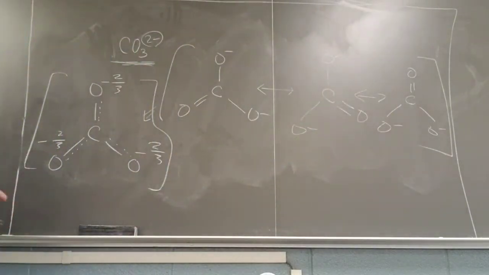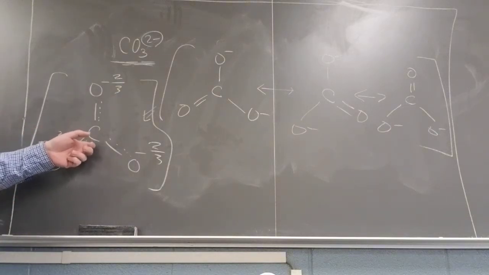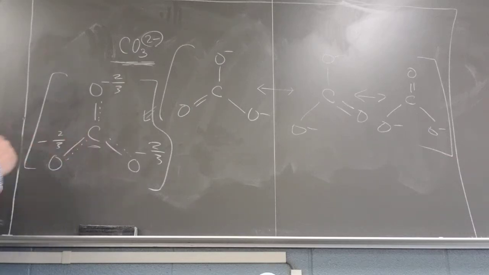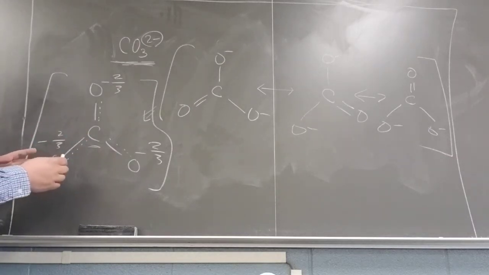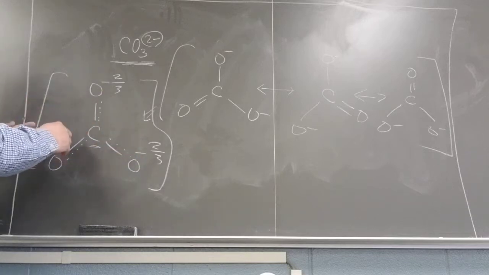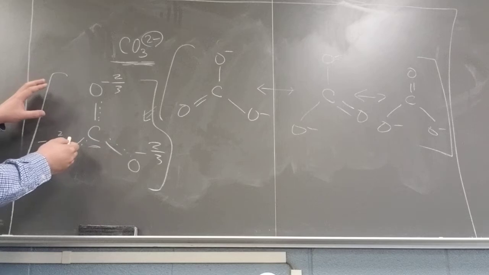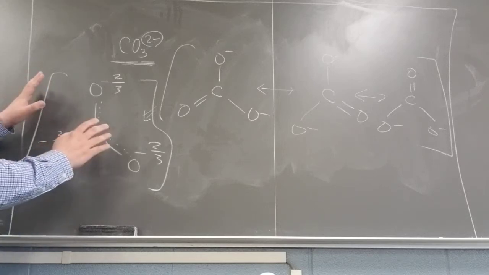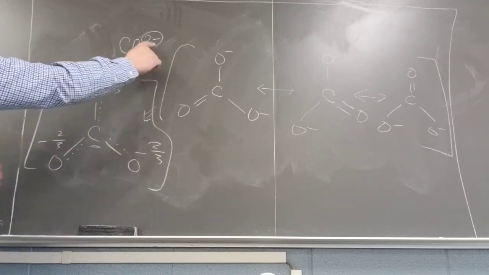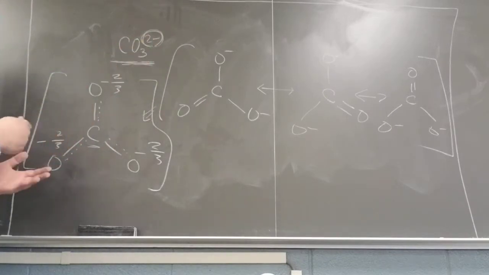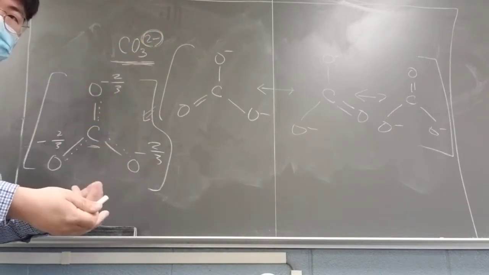So the logic is very simple here. You never change the formal charge of the carbon or anything, so you can just leave it here. But the problem is you change the location of the lone pair on the oxygen or the double bonds and so on. So the basic thing is that you have 2 extra electrons to assign on 3 different oxygens.